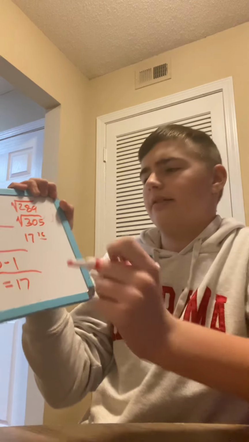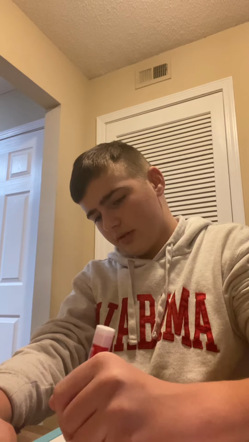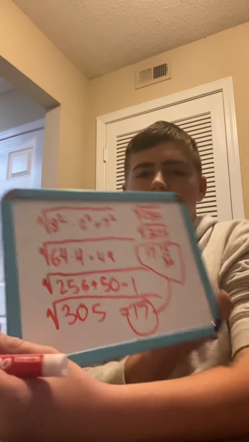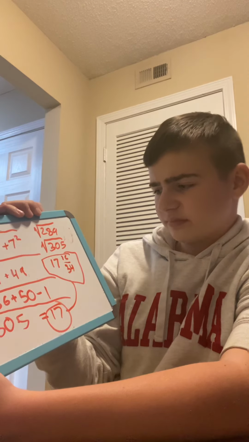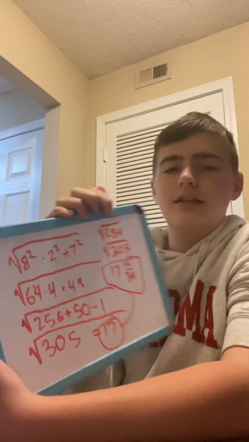Multiply this number twice, so you'll have 34. So then your closest answer for this is going to be either 17 and 16/34 or just regular 17. So that's our closest answer here, guys.